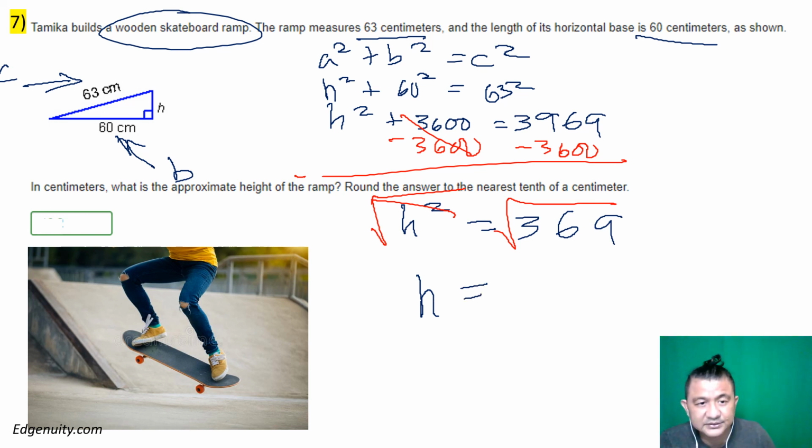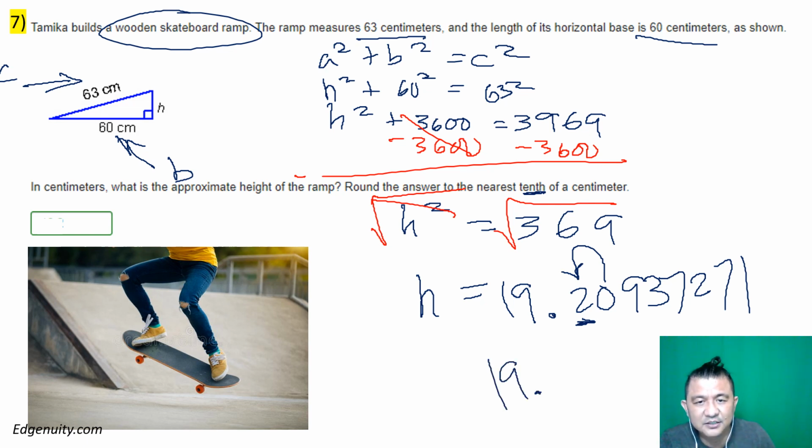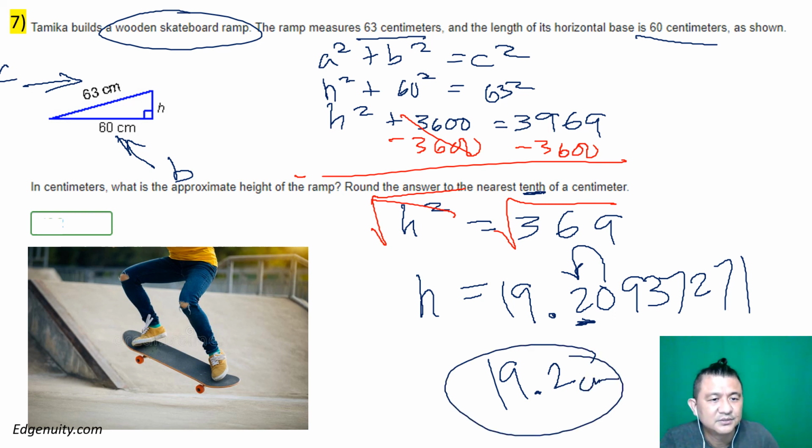The square root is 19.2093771. It says nearest tenths. Nearest tenths is over here. The 0 will not affect you. So my answer is 19.2 centimeters. 19.2 centimeters. All right? Got it?